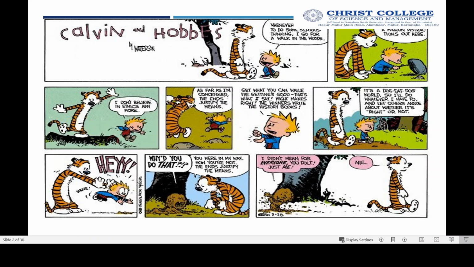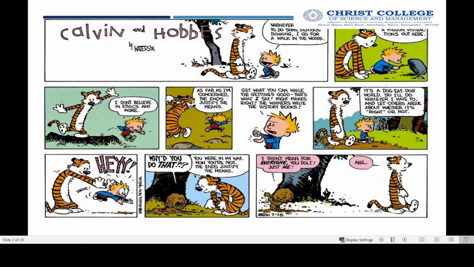The definition can be divided into four different sections. First, it is a set of principles of right conduct and a theory or a system of moral values. Second, it studies the nature of morals made by a person. Third, it is a standard governing the conduct of a person or the members of a profession. The fourth one, a set of moral principles and values about what is right or what is wrong.